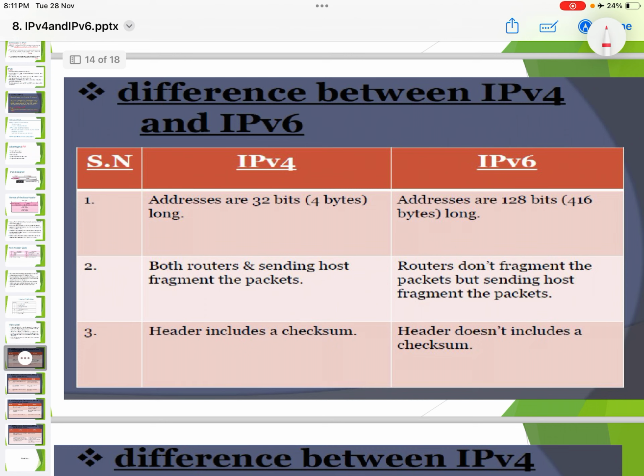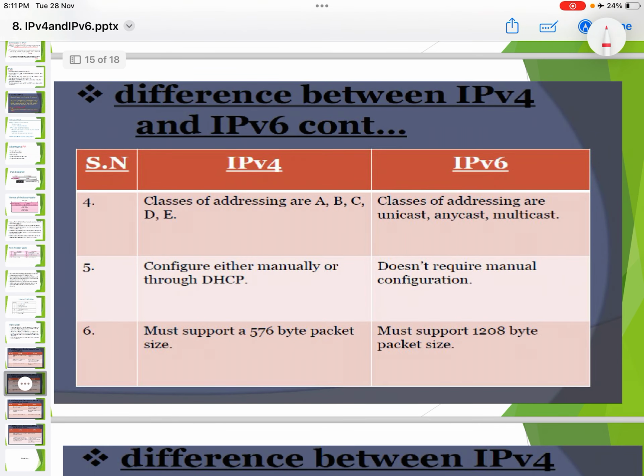So this is IPv4 versus IPv6, the differences. IPv4 addresses are 32 bits, that is 4 bytes long. IPv6 addresses are 128 bits, 16 bytes long. In IPv4, both routers and the sending host fragment the packets. In IPv6, routers don't fragment the packets, but the sending hosts fragment the packets. IPv4 header includes a checksum. IPv6 header does not include a checksum.